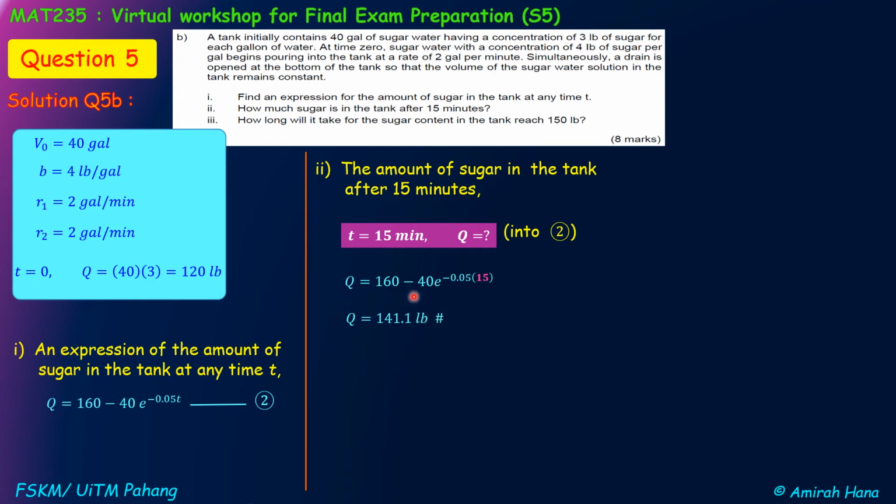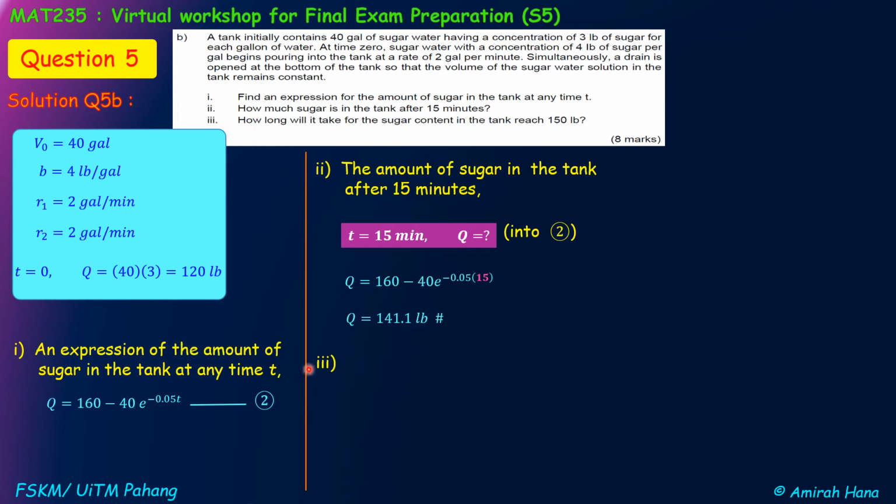After we solve using a calculator, we have Q equals to 141.1 pounds. This is the amount of sugar in the tank after 15 minutes.